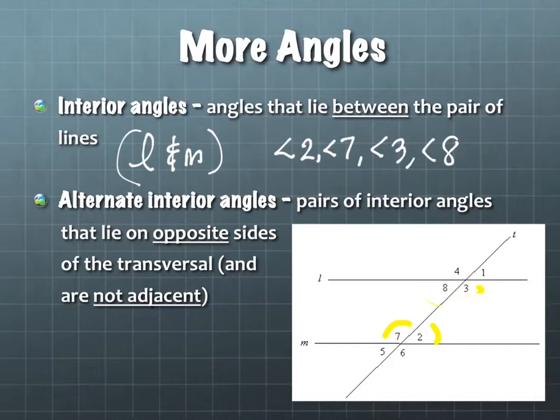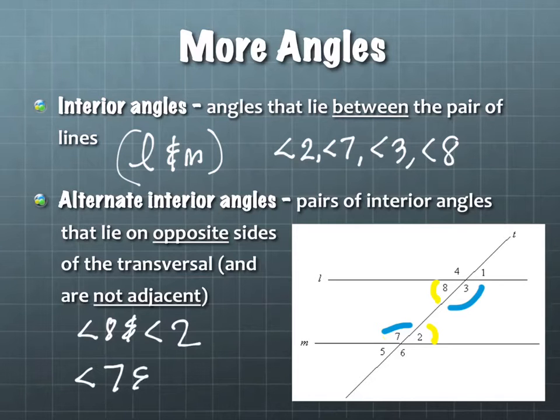So in my image here, there are 2 pair of alternate interior angles. So one of them would be 8 and 2. Those would be alternate interior. So angle 8 and angle 2. Another pair of alternate interior angles would be 7 and 3. Angle 7 and angle 3.